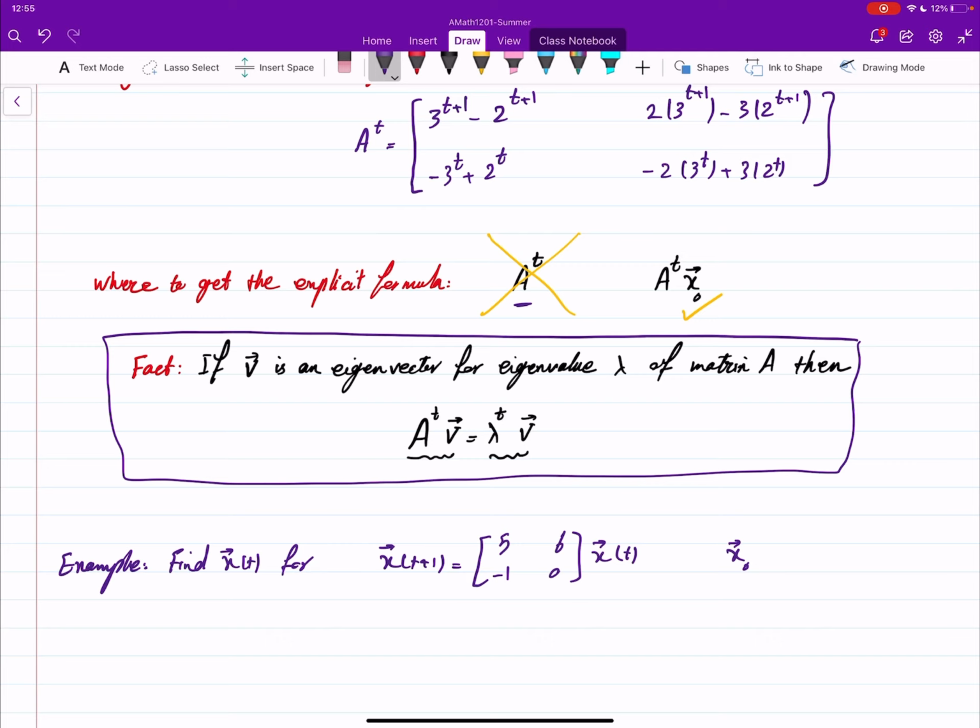And the initial value is given here, it is 1 and 1.